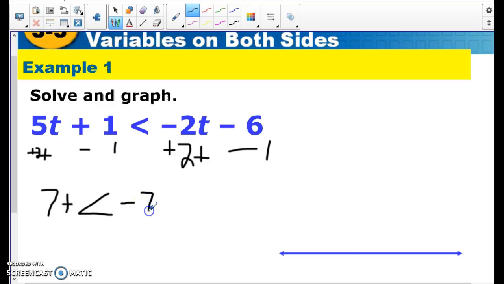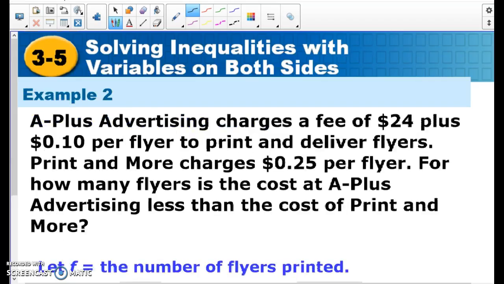Step 3, multiply or divide. It says 7 times t. I'm going to divide by 7. So I end up with t is less than negative 1. Okay, same thing as 2-5. Not a whole lot changed.